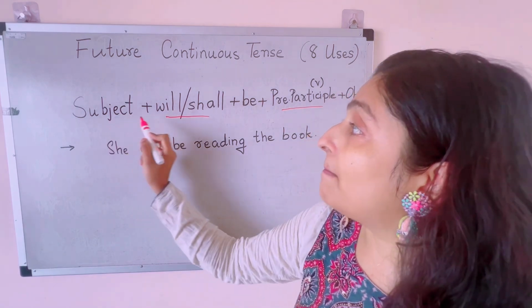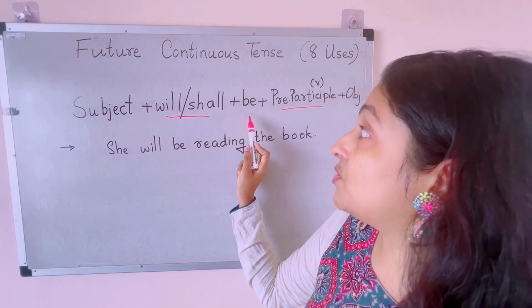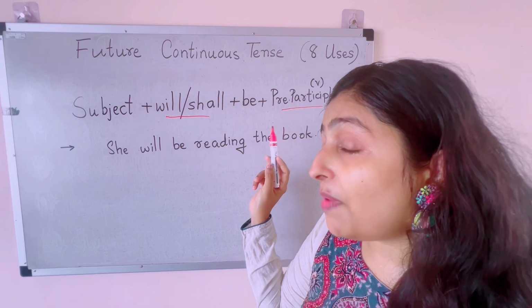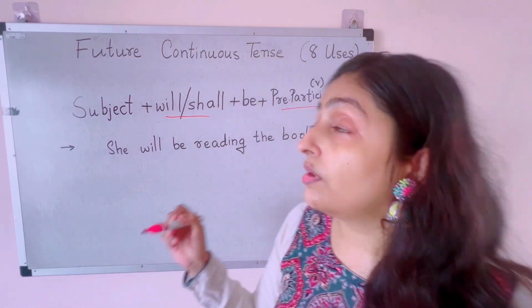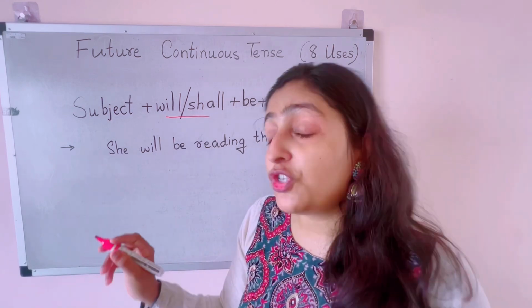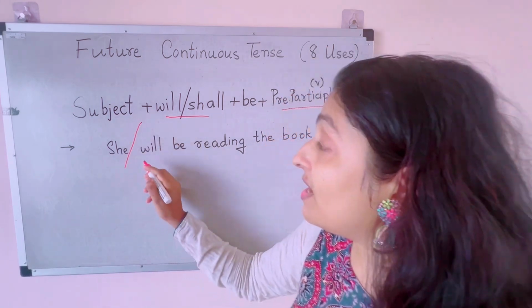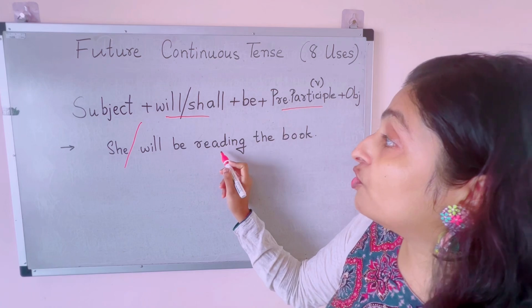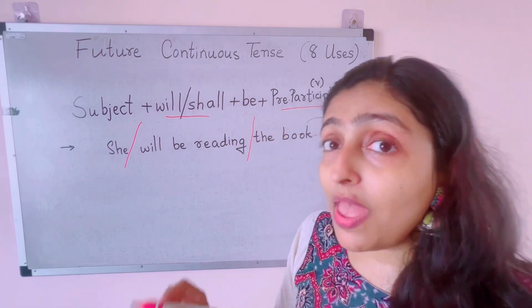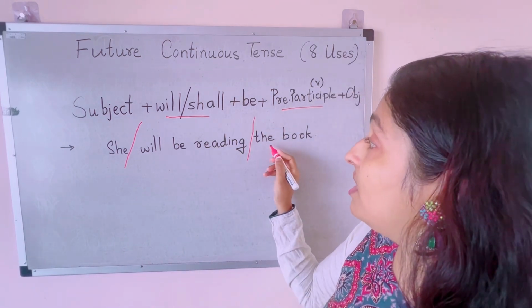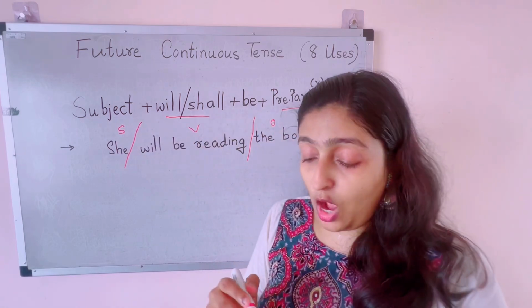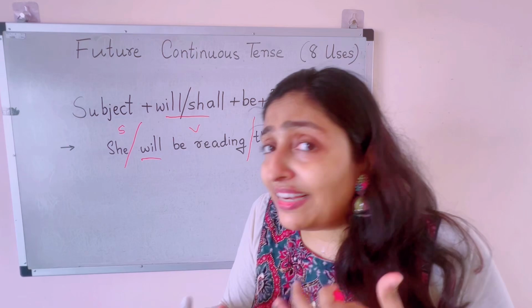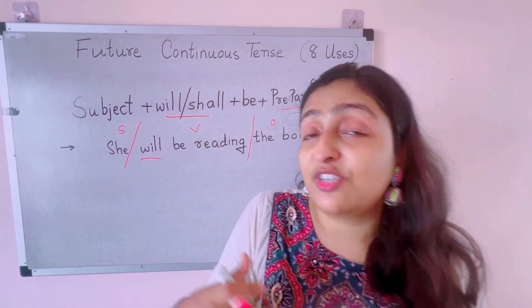So subject plus will or shall plus be plus present participle of the verb, also called as V4, and then comes the object. So this is the subject, will be reading is the verb, and followed by the object: subject, verb, object. Now, where exactly should we use will and shall?